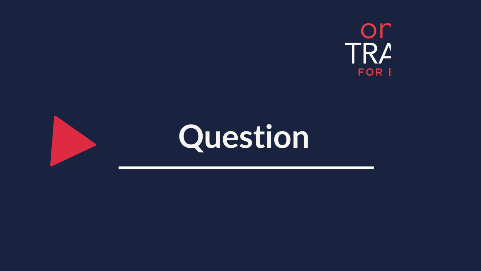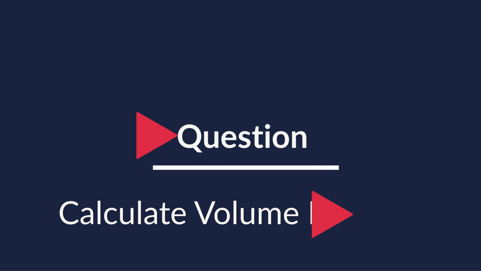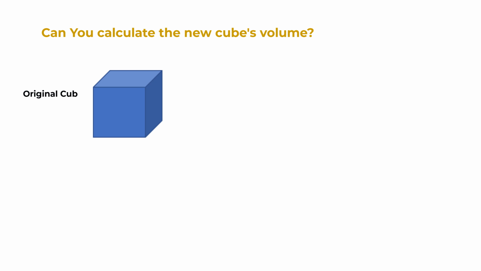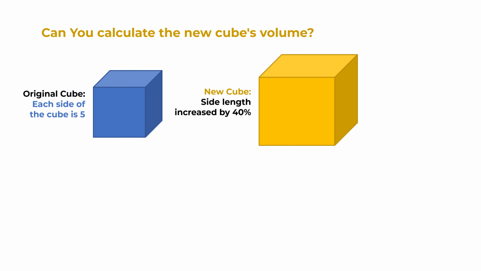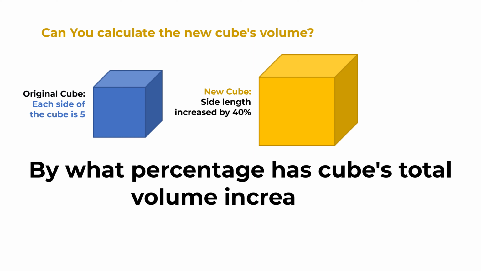Here's an interesting question from the real test. You're presented with 2 cubes. The original 5 by 5 by 5 blue cube has its side length increased by 40%, which in the picture is represented by the yellow cube. As a result of these changes, by what percentage has total cube volume increased? You have 4 different choices.